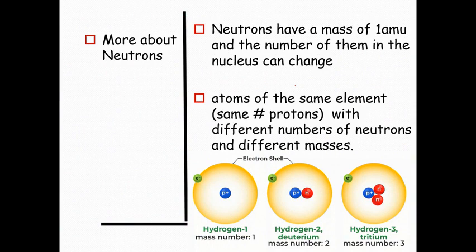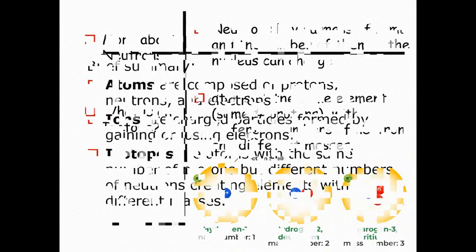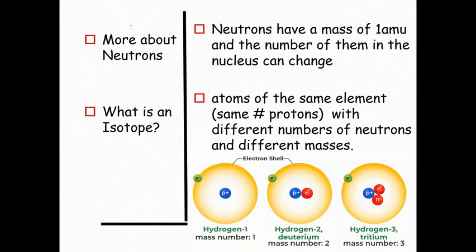And the last part here. More about neutrons. Neutrons have an atomic mass of 1 AMU. AMU stands for atomic mass unit. It's just these things are so small that they have to be given a different number. And the number of them in the nucleus can change. Okay.